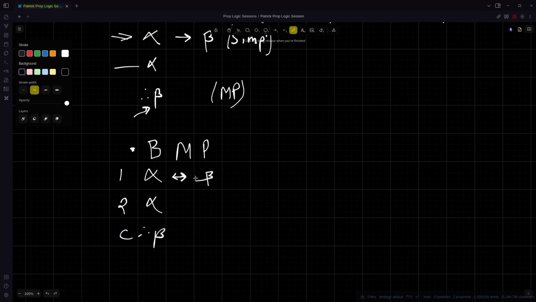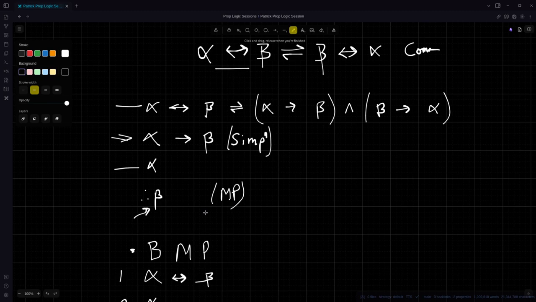If you look at this, it basically looks like a modus ponens, except that there is a biconditional instead of a conditional. So that's why we call it a biconditional modus ponens. Okay, so that's the first rule of inference.